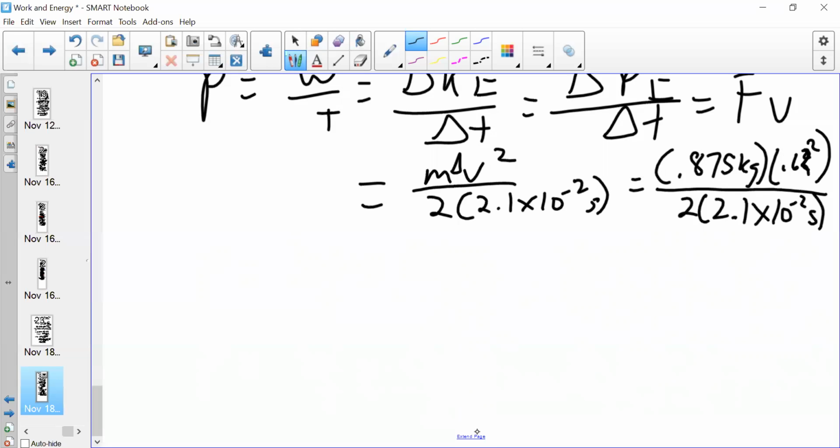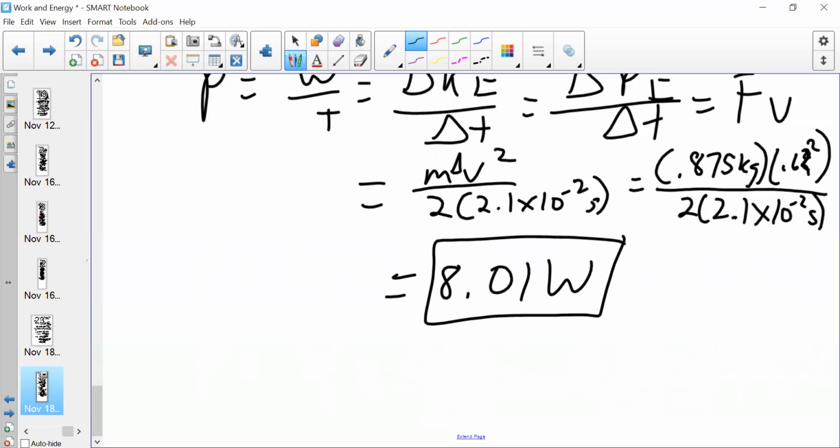Let's see, we can calculate that. Yeah, perfect. So that's 8.01 watts, joules per second. That's how much power is used by the motor.